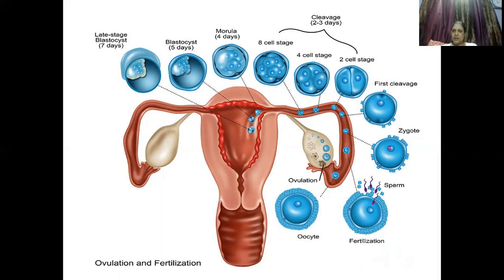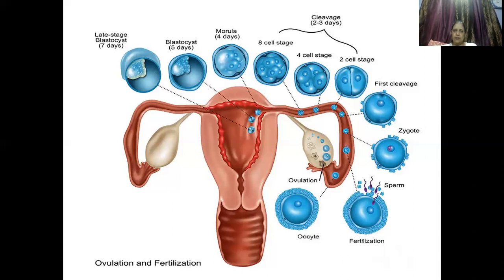Now after the zygote, you find there are cellular divisions taking place, and once these many divisions take place, that is the cleavage, and you could see that zygote traveling up the oviduct and coming and setting itself in the endometrium.